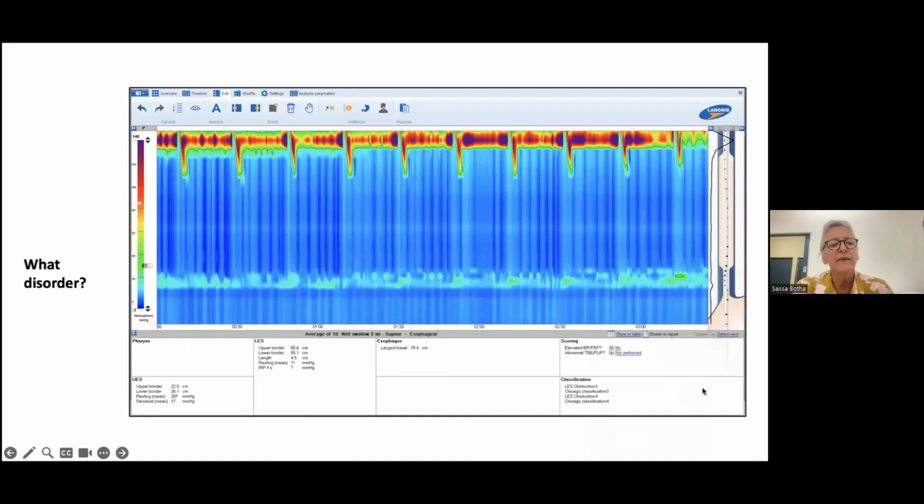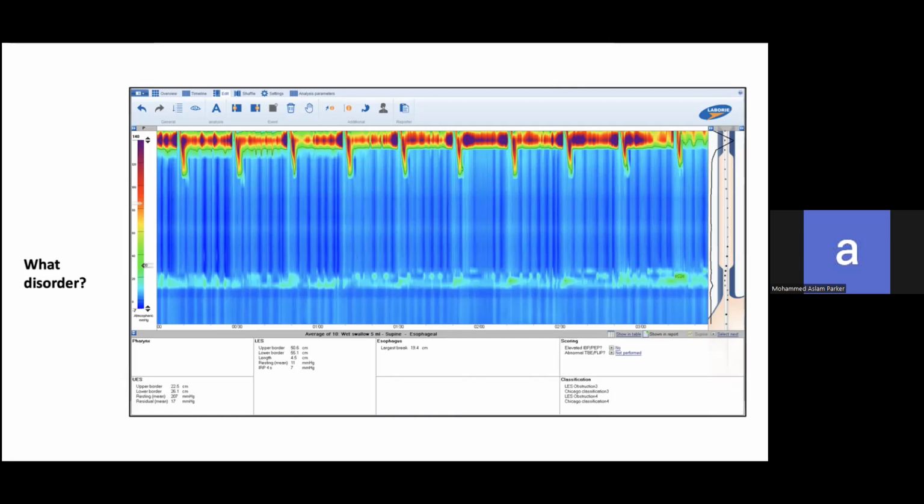he had a high resolution manometry. And how would you describe this? Okay, so on his high resolution manometry, his IRP is low. Well, it's not raised. It's 7. But I'm not seeing much contractions.